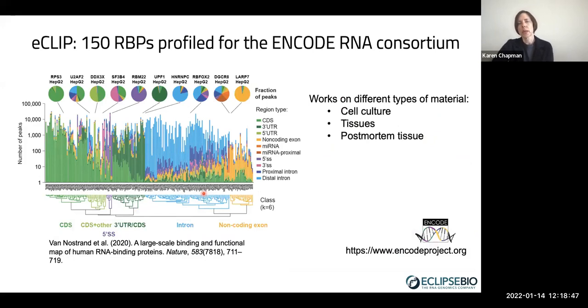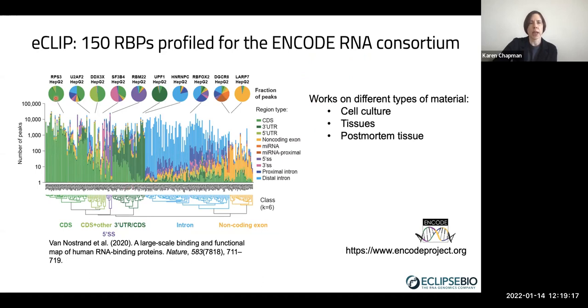So the founders of our company published a paper in Nature profiling over 150 of these RBPs in 2 different cell lines, and then uploaded that data to the ENCODE database. So if you're curious about what eCLIP data looks like, or if some of the proteins that you're interested in studying are profiled, you can check out the ENCODE database and download some data.